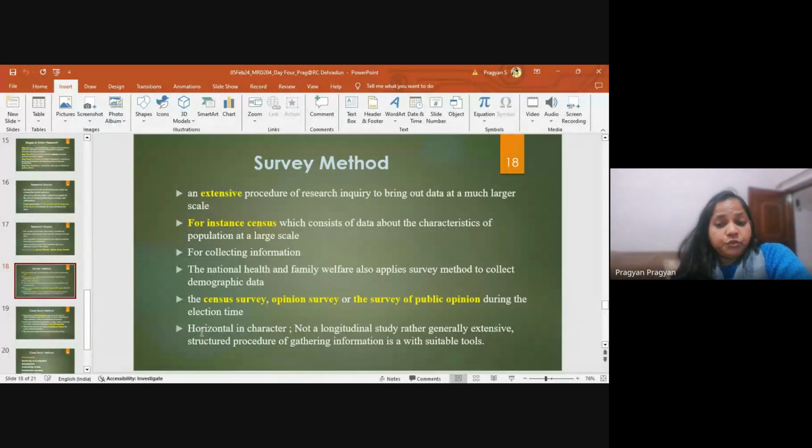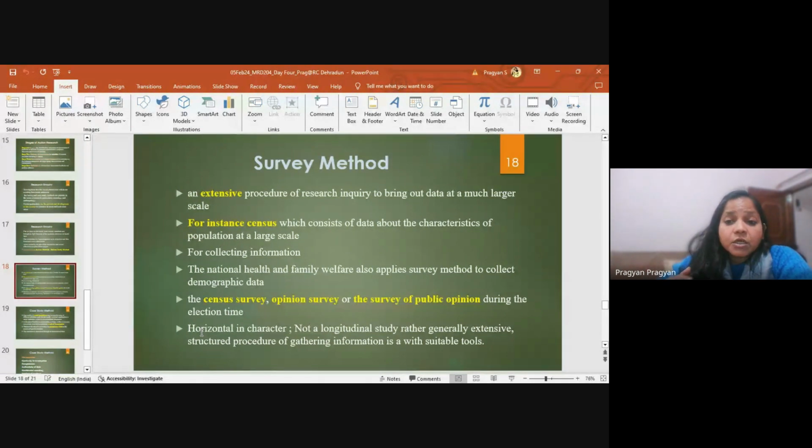And during the electoral process, at the time of election, there are also surveys of public opinion. It is extensive because survey method is always extensive, in the sense that it is going to measure whatever you have planned in a much larger segment of the population. Survey method is never about zeroing down.